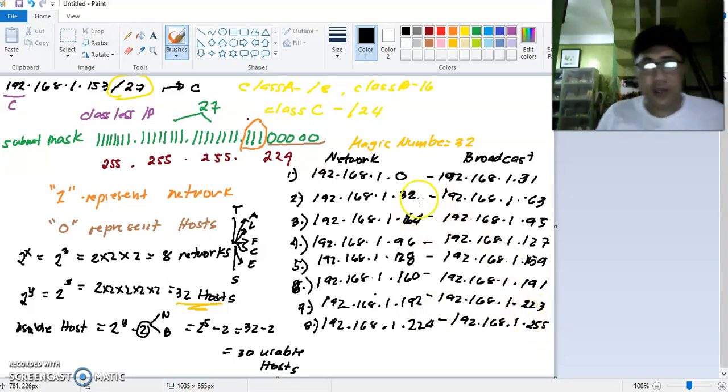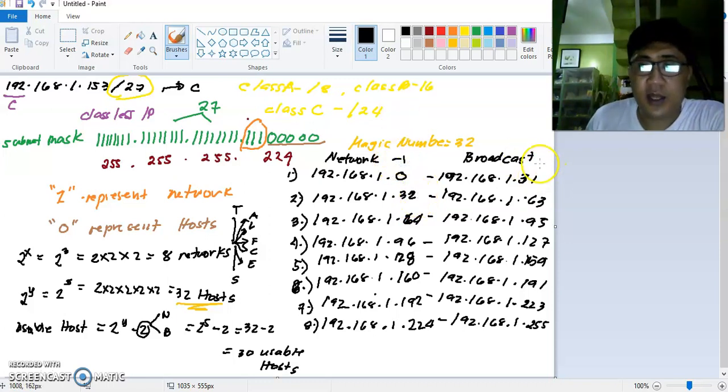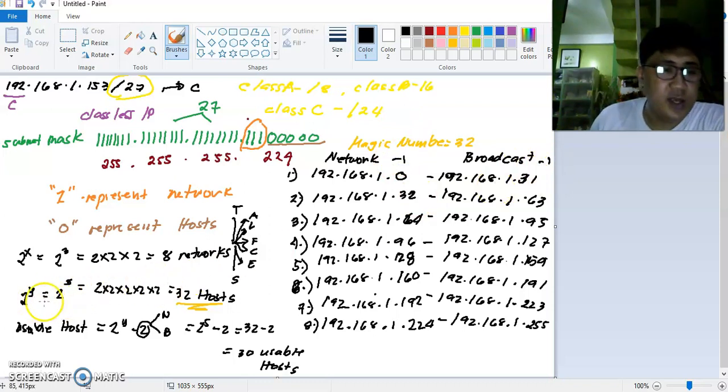So this network is grouped with 32 hosts. But the usable hosts deduct 1 for the network and 1 for the broadcast, so that's why it's minus 2. Therefore, the usable hosts for the first network are just .1 to .30.